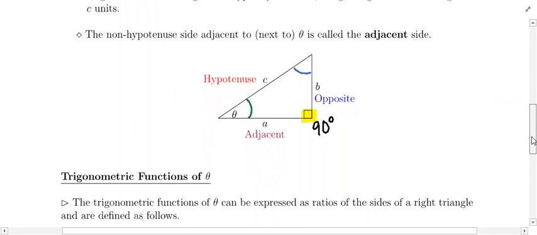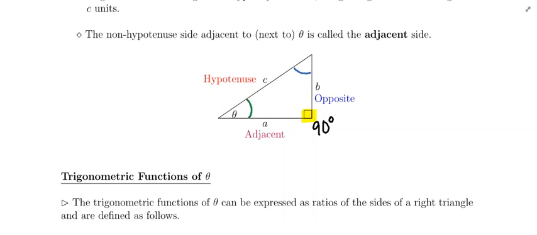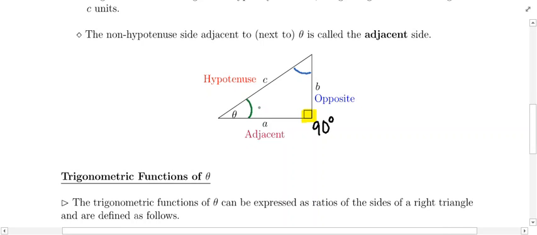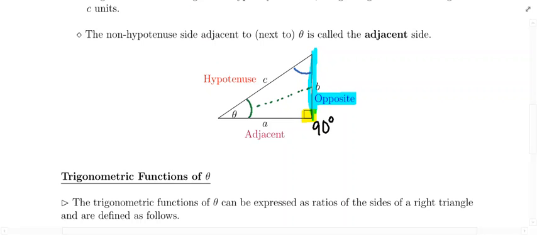Again, when you're labeling the adjacent side, the opposite side, and the hypotenuse, it's all relative to theta. When I look at theta and I go straight across from it, that is going to be the opposite side. This is the opposite side that I have labeled in blue here. And then if you go directly across from the right angle, that side is going to be the hypotenuse.